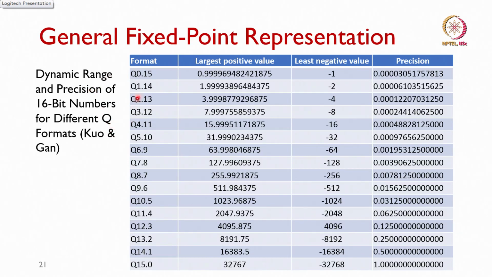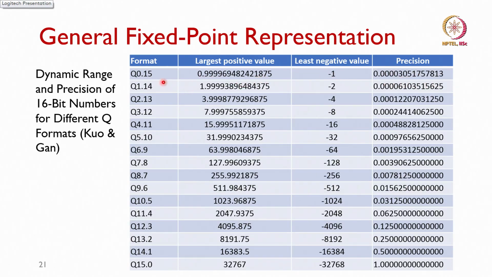Here if I give Q0.15, I know that all the 15 bits are used for the fractional number. The largest positive value I can represent is 0.999, and the least negative value is going to be minus 1, and the precision I want is represented with this number.